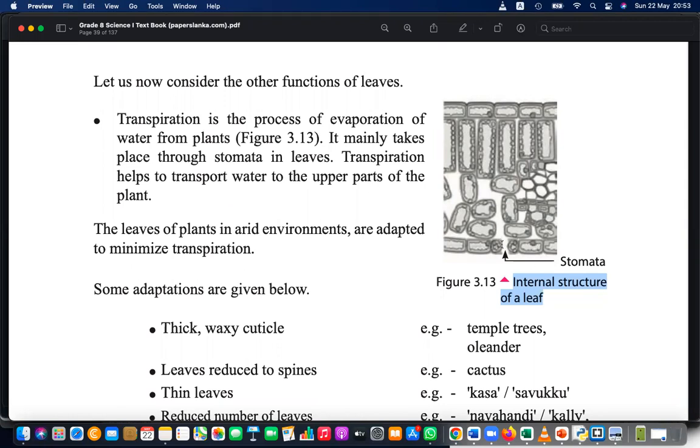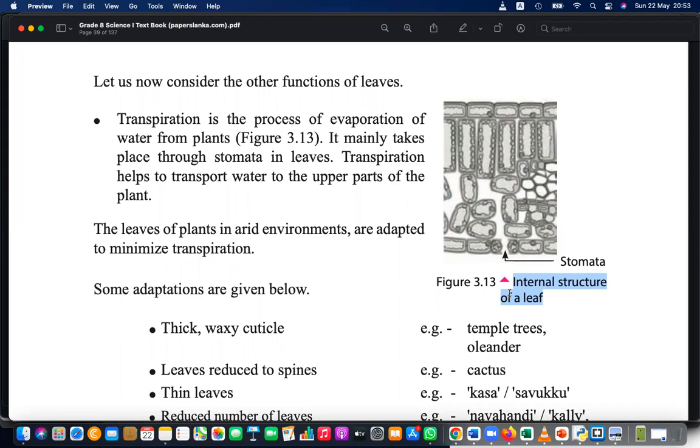Actually, when water is released from the stomata, it is like when you suck water from a bottle. Due to the continuity of these water particles, there will be a continuous flow of water.